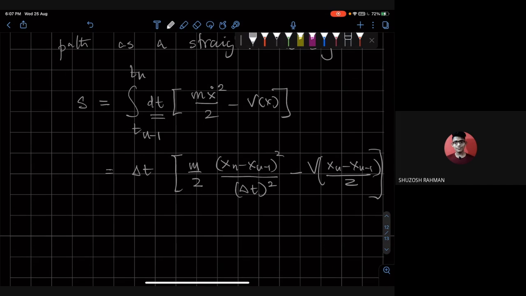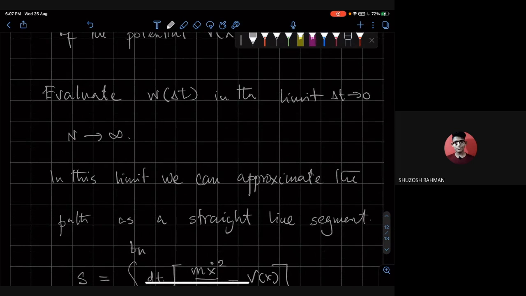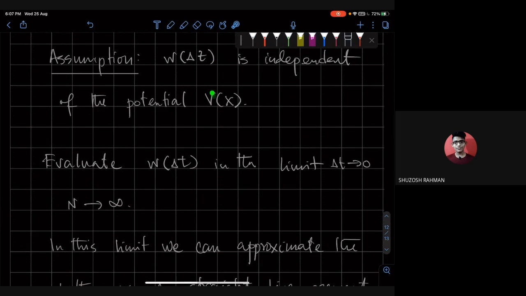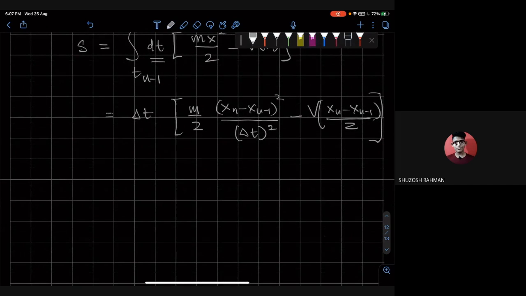So the thing is that, because we've assumed that W delta t is independent of V of x, we can calculate this for the case of the free particle. So we can compute this for the free particle. We put V of x equal to 0.